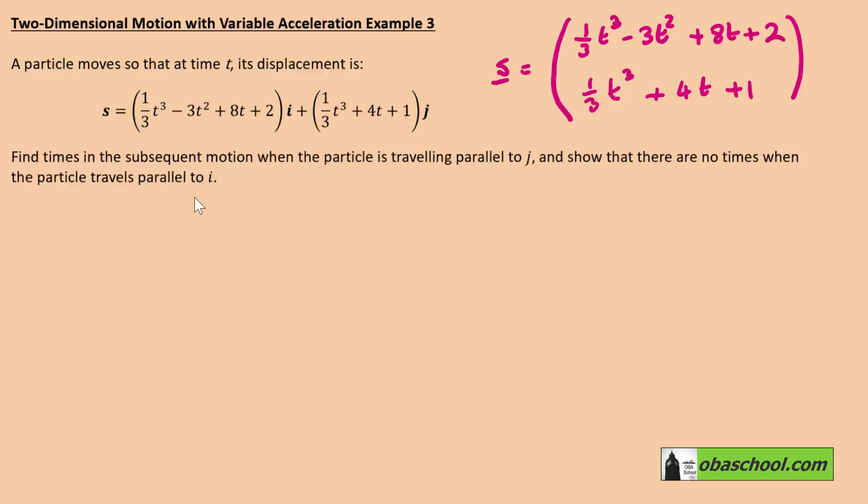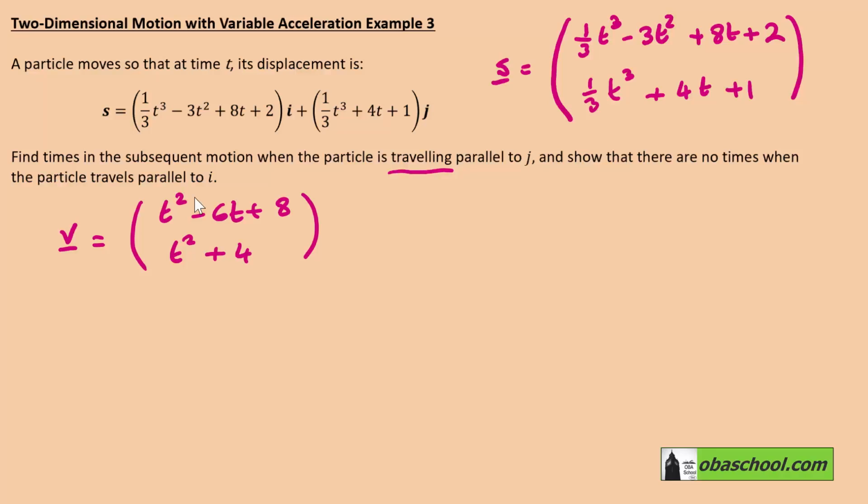Now we're talking about travelling, so we really want the velocity, so we're going to differentiate. So that is going to give me t squared minus 6t plus 8, and t squared plus 4.